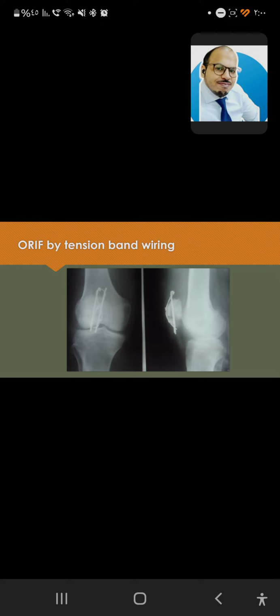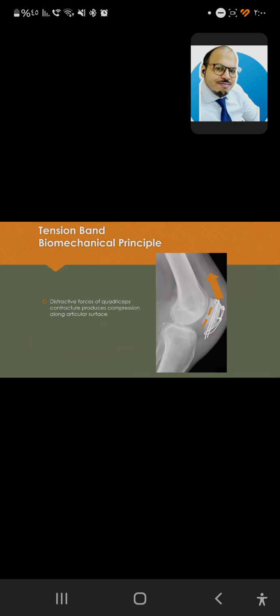A very common treatment is what is known as tension band wiring, where you put K wires in the joint and the bone, and then another wire around these K wires, and this helps in treating this fracture.